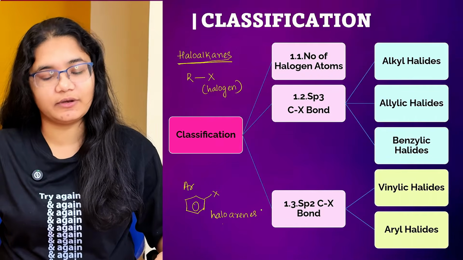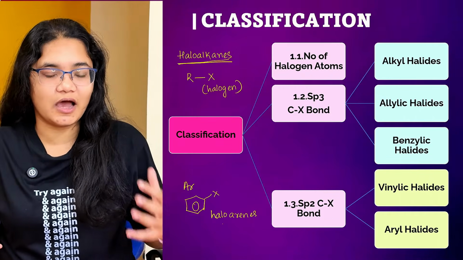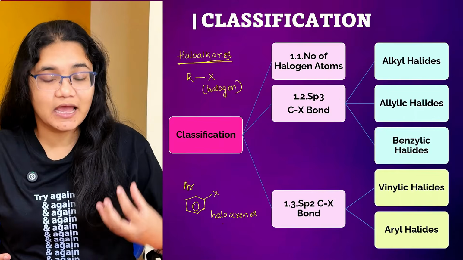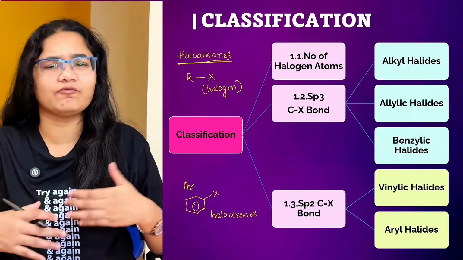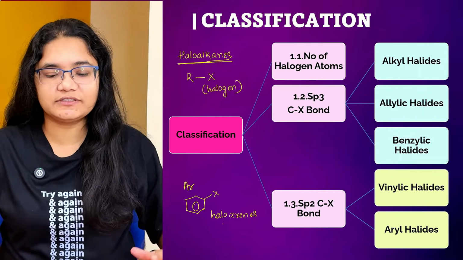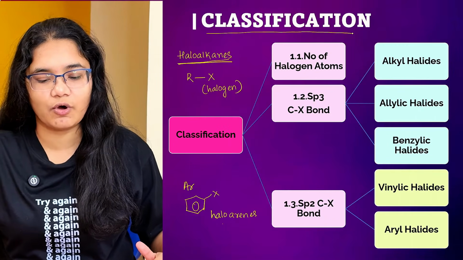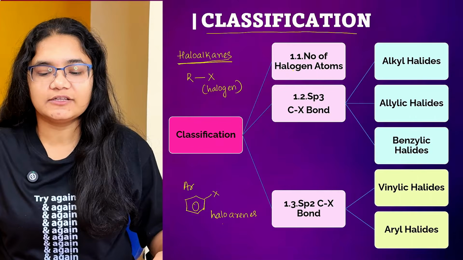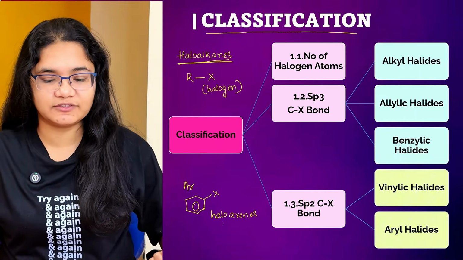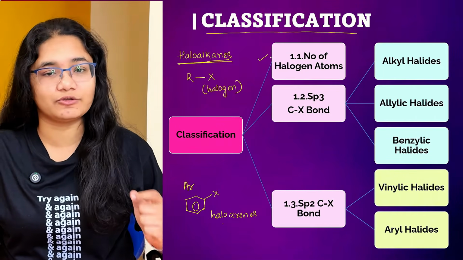In this particular chapter, we are going to learn how these haloalkanes are prepared, how the haloarenes are prepared, and their reactions. Before starting the reactions, let us first understand the classification of haloalkanes. The first basis of classification can be the number of halogen atoms.